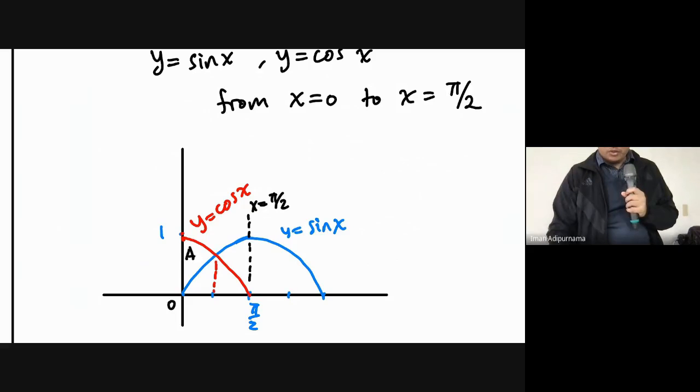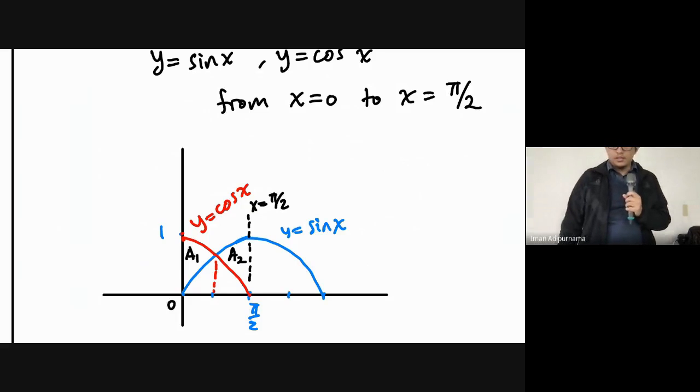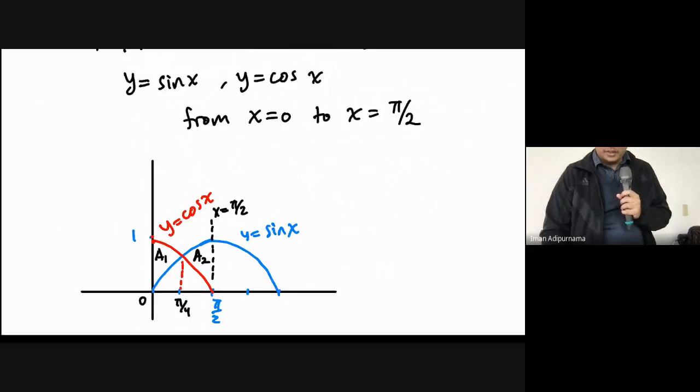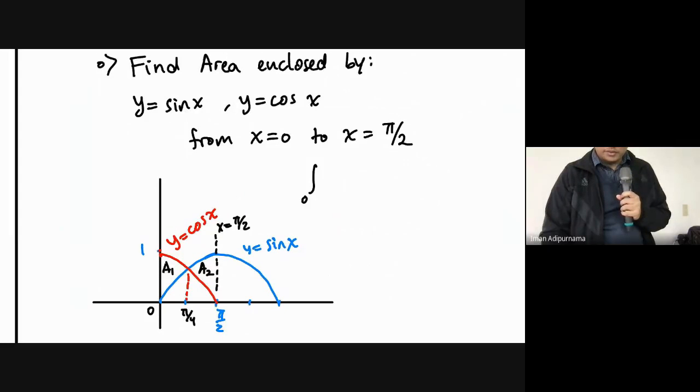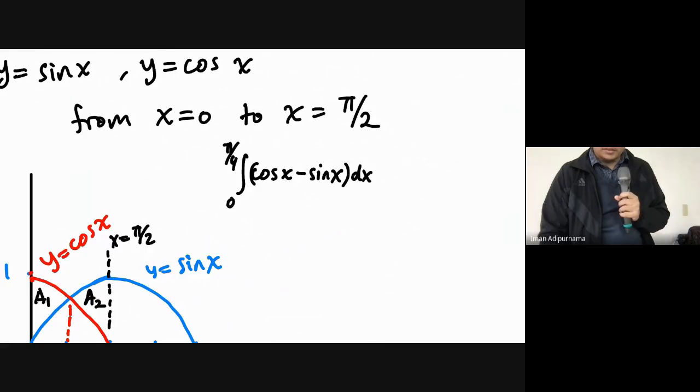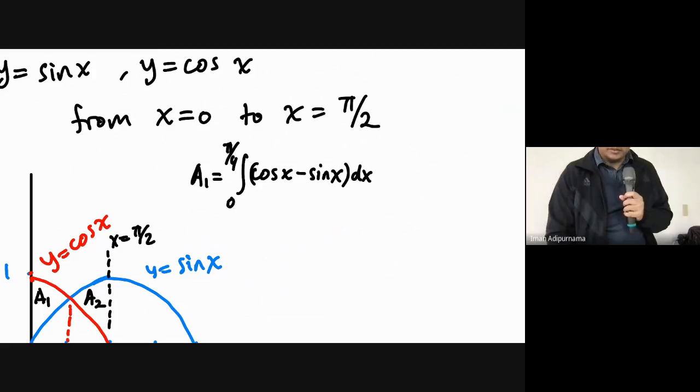So you have A1 and A2, right? And this is pi over 4. So you need to compute, from 0 to pi over 4, A1, or let me write this as cos x minus sine x dx. This is A1.